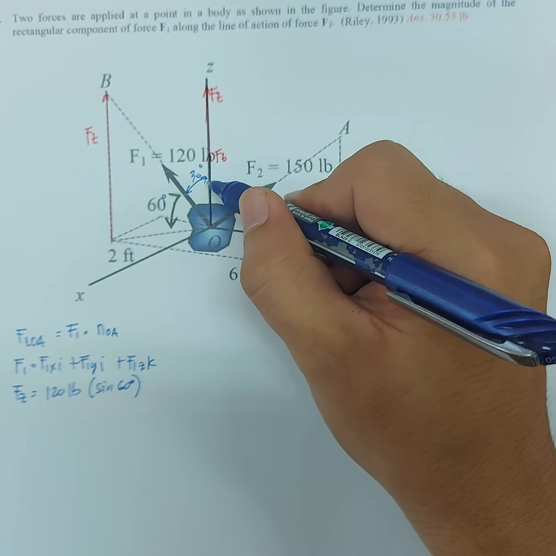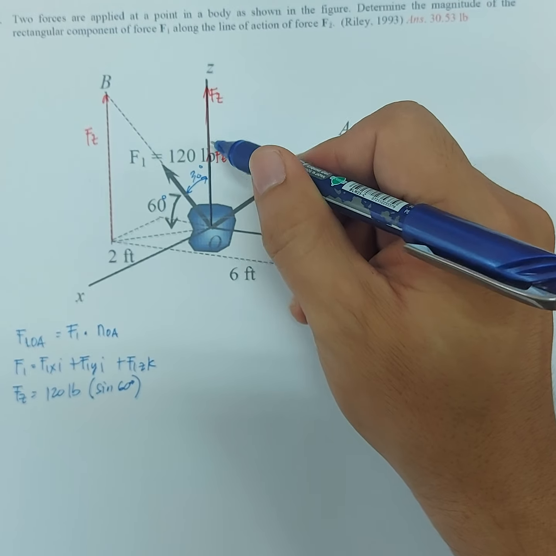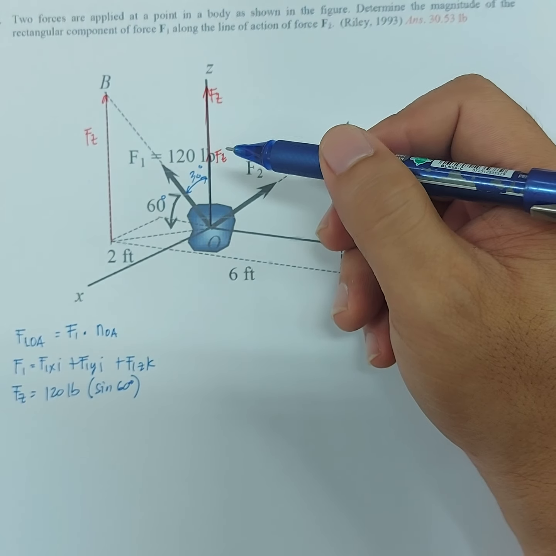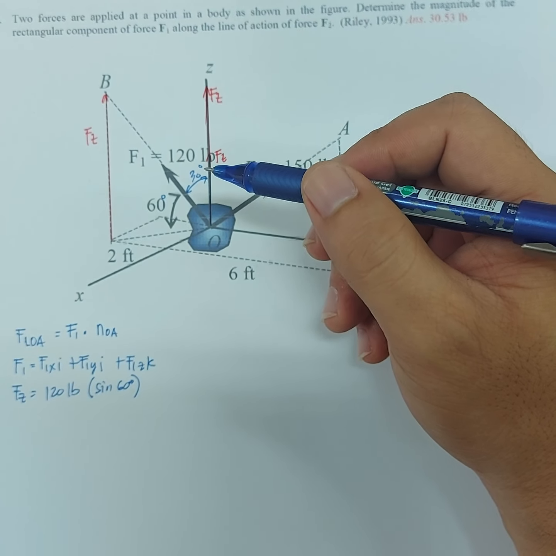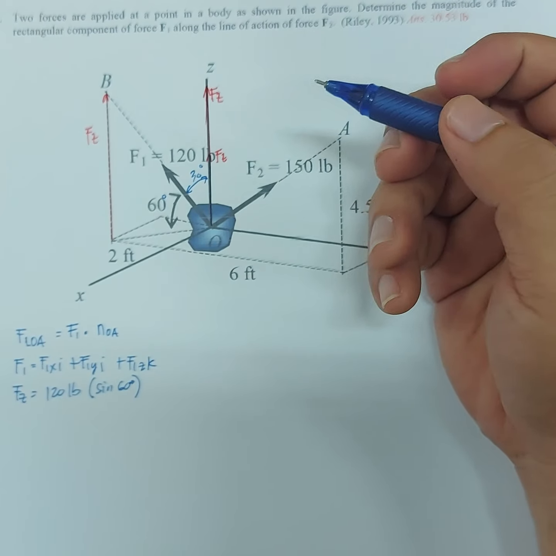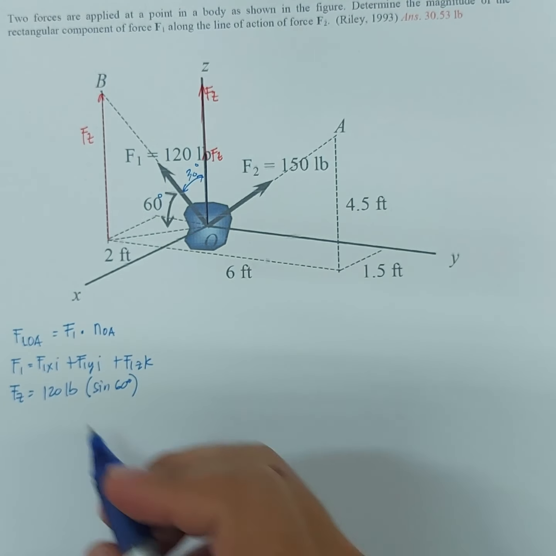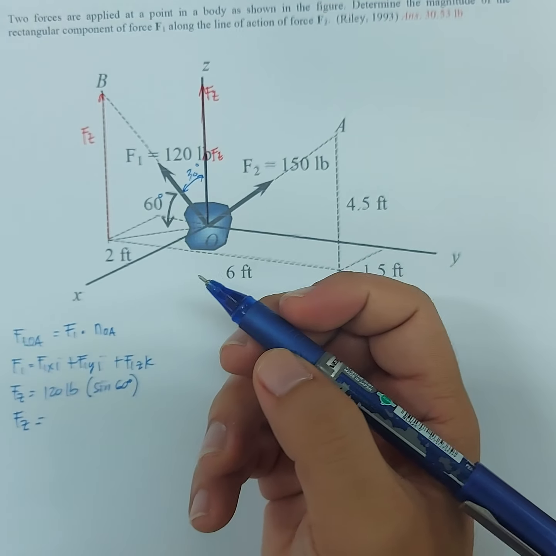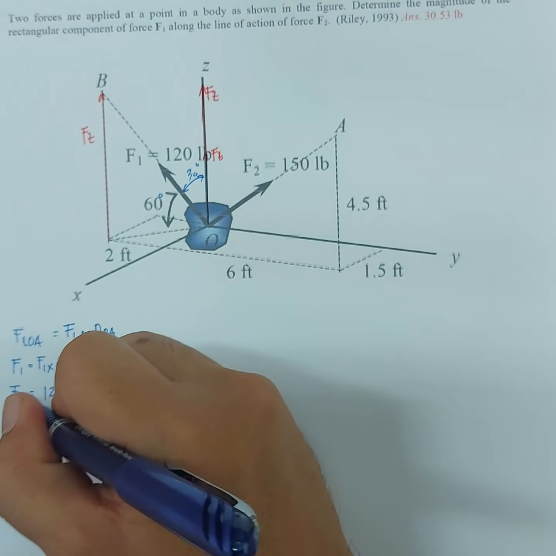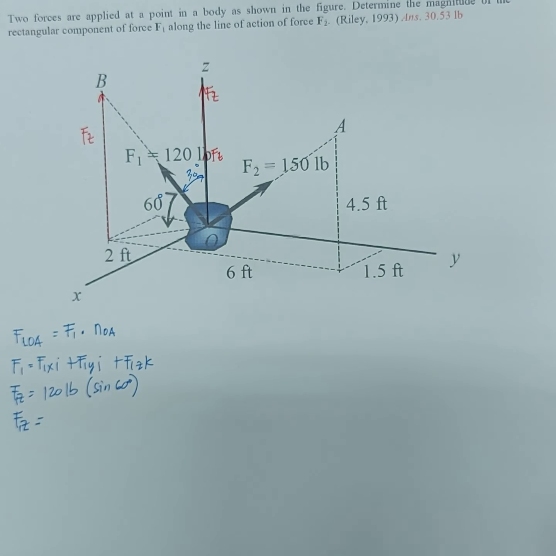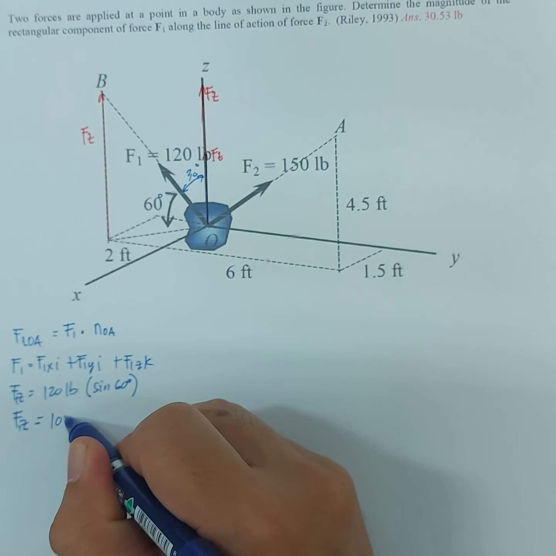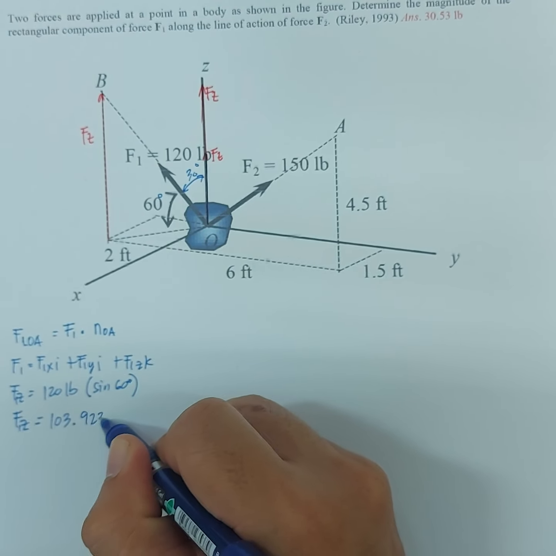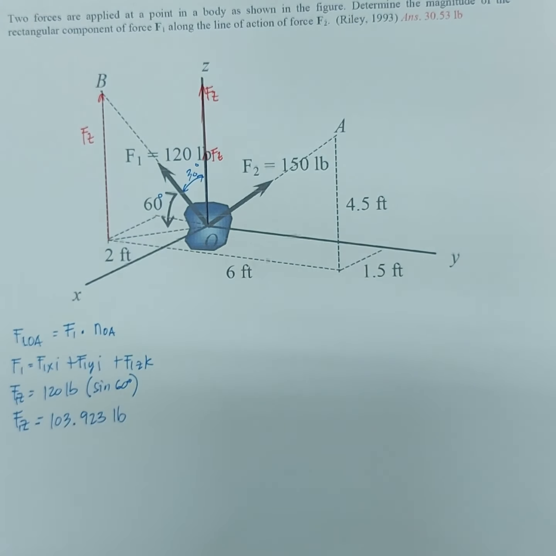If you're going to use this angle, then Fz becomes the adjacent side, so you have to use the cosine function. I'm sorry, it should be F1 kasi we have two forces pala. So F1z is equal to 103.923 pounds. Okay? So that is F1z.